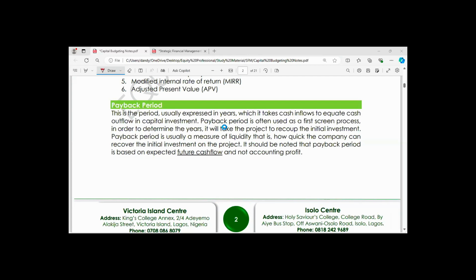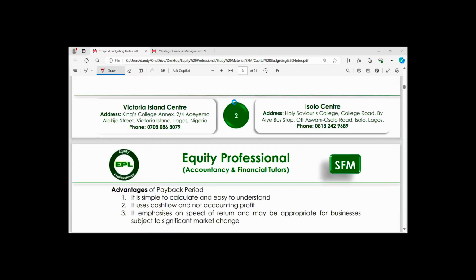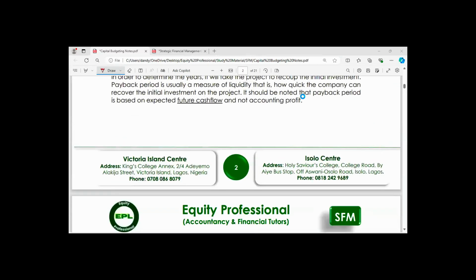Payback period can be calculated as follows, depending on whether you have constant cash inflow, or you have irregular or non-constant cash inflow. Where cash inflow is constant, then payback period will be the ratio of cash outflow to cash inflow.